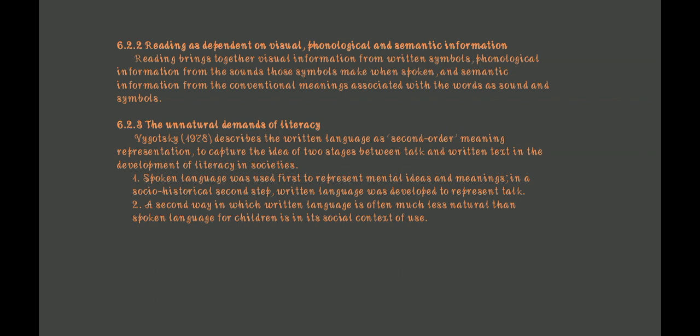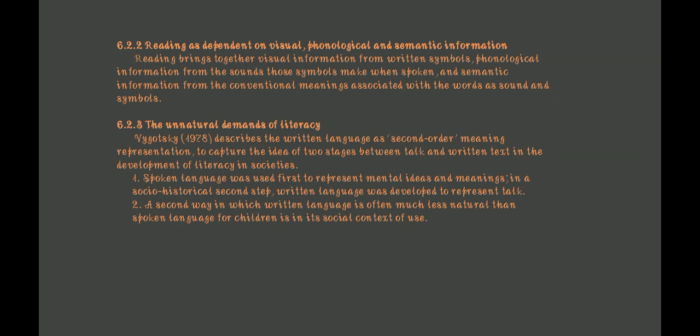And reading depends on visual, phonological, and semantic information. Reading brings together visual information from written symbols, phonological information from the sounds those symbols make when spoken, and semantic information from the conventional meanings associated with the word as sound and symbols.